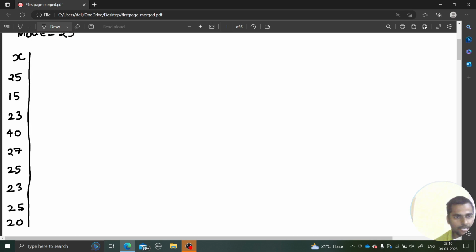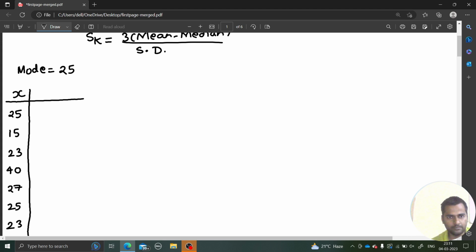It's an ungrouped data. So for finding mean and the standard deviation, I am using the assumed mean method. So let's assume the mean. You can assume the mean to be any value from these x values. So let's say my assumed mean is a, which is, let's say, 20. Now I will have to find the deviation of each x value from the assumed mean.